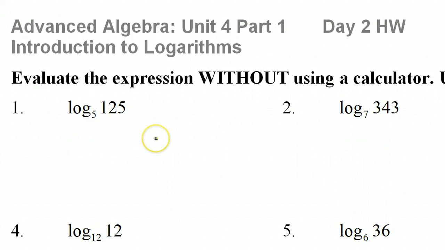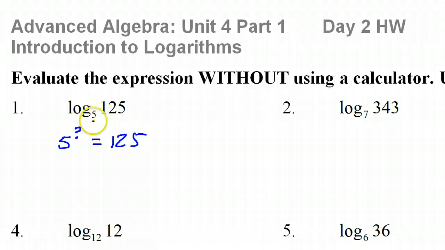Put the pencil down. Okay, so by now you understand that logarithms are exponents. What exponent are they? A log is the exponent that changes the base into this other number. So in other words, you should be asking yourself the question, 5 to the what power is equal to 125?